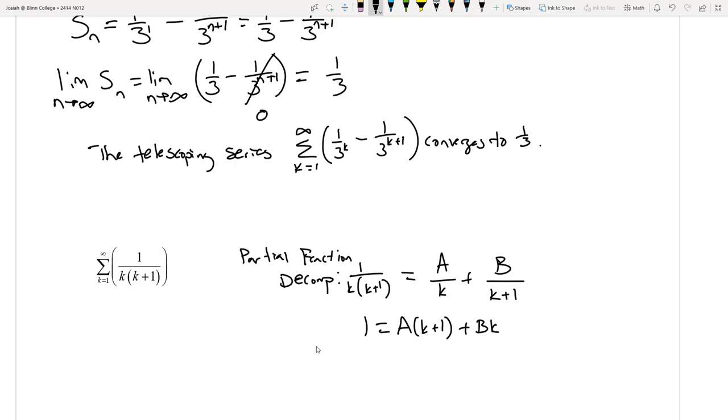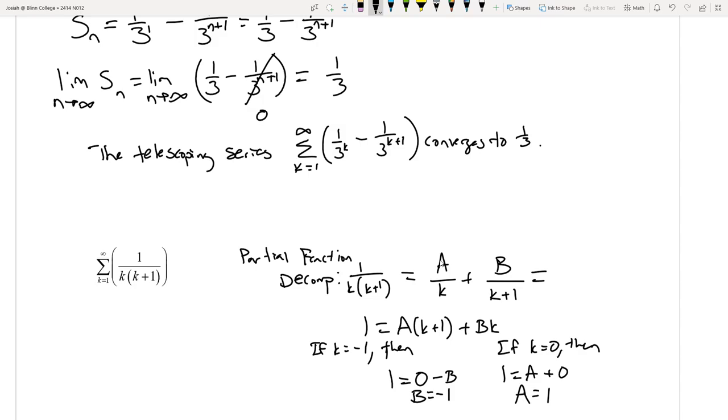If k equals -1, then 1 equals 0 minus b, so b equals -1. If k equals 0, then 1 equals a times 1 plus 0, so a equals 1.